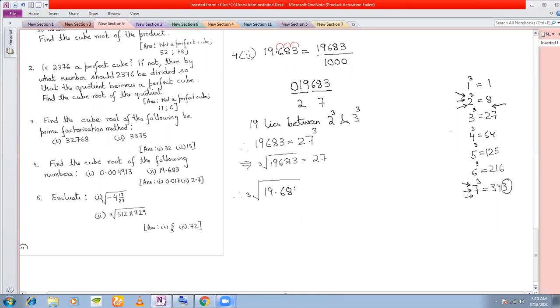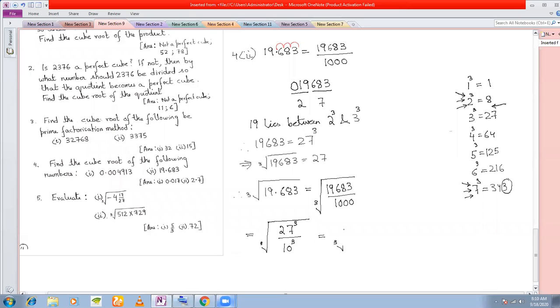So therefore, what is the cube root of 19.683? It is the cube root of 19683 divided by 1000. Now we have already found that 19683 is nothing but 27 cube. So we write 27 cube here. And 1000 is 10 cube.